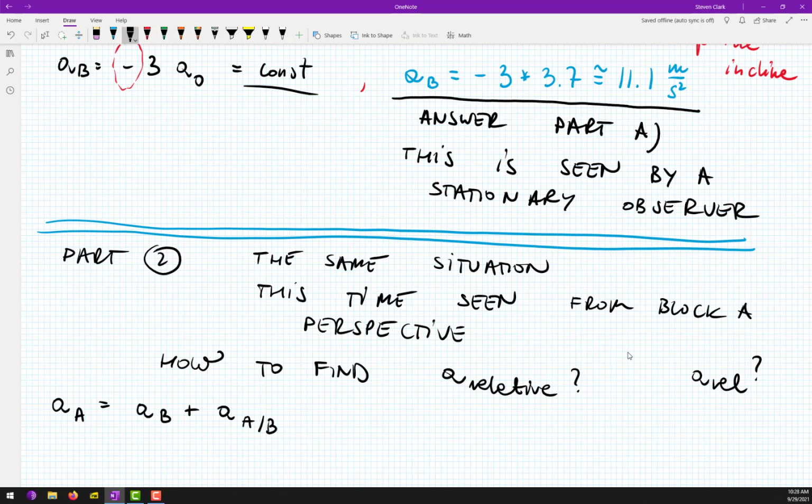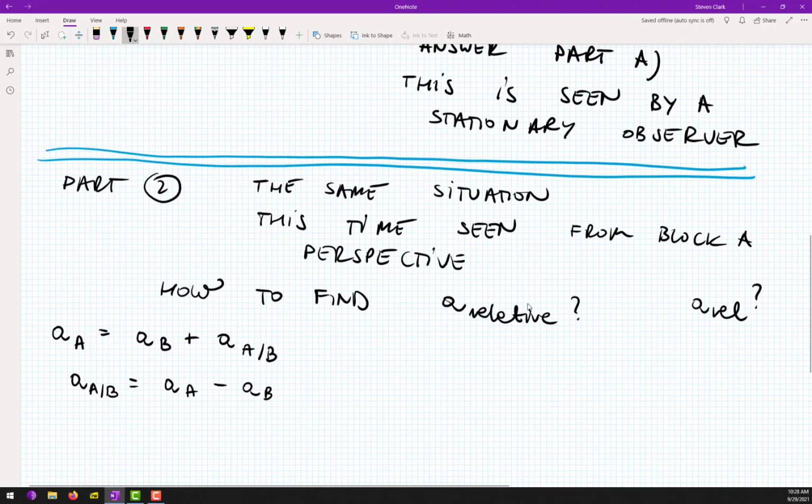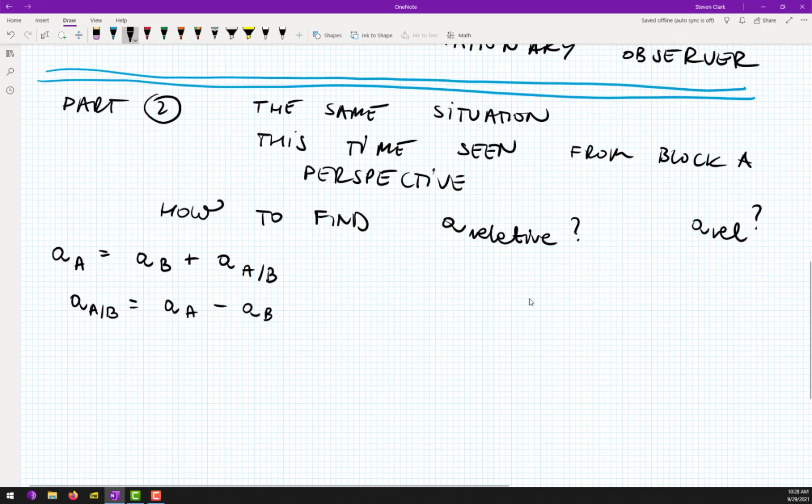So we can find A relative, equal to AA minus AB. Okay, I forgot. I'm sorry. I should scroll up, yes. So this is our A relative. This is A seen when you sit on B and you are part of that motion.